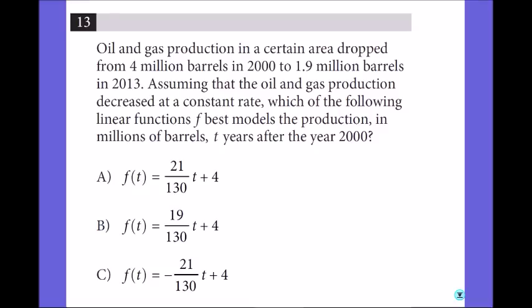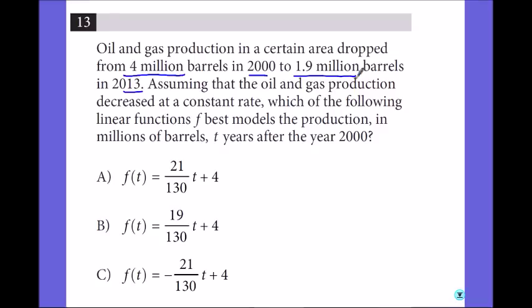13. Oil and gas production in a certain area dropped from 4 million barrels in 2000 to 1.9 million barrels in 2013. So in 13 years, it dropped from 4 million to 1.9 million.